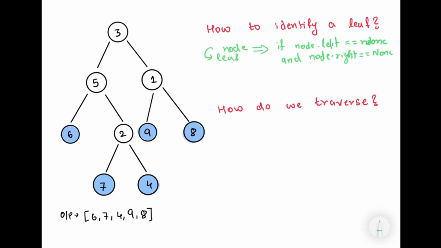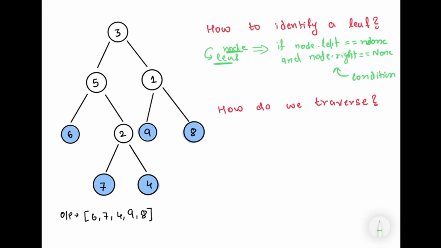So this is the condition for a node to become a leaf. That is, it doesn't have any child at all. It does not have a left child nor a right child. Whenever we meet a node where there is no left child as well as no right child, we have found a leaf. So pretty clear there.